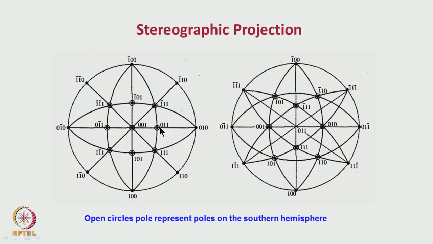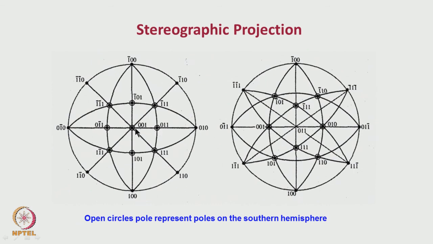One way is visualizing it that way. The other way is, once this stereogram has been done, if you remember, we learned the rotation of poles in the last class. If you want 011 to come to the center, 011 and 001 make an angle of 45 degrees. So this has to be rotated along this equatorial line by 45 degrees, and it will come to the center.